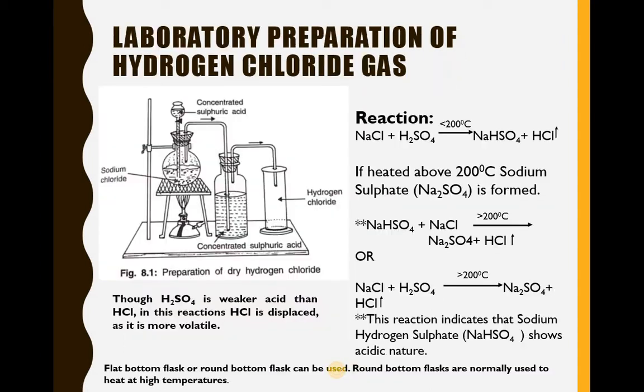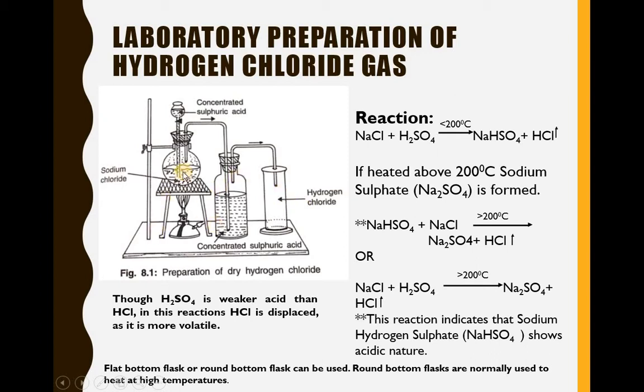Then go back to the laboratory preparation of hydrogen chloride gas. Now in the laboratory, hydrogen chloride gas can be prepared by the action of concentrated sulfuric acid on sodium chloride. So what are the reactants? Reactants are sodium chloride and concentrated sulfuric acid. The setup of the apparatus is shown over here.